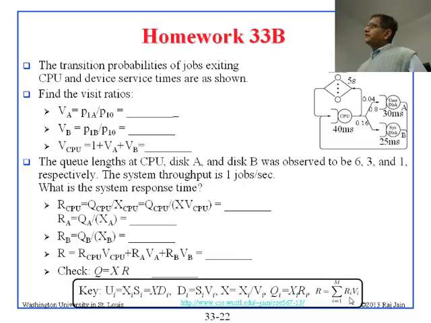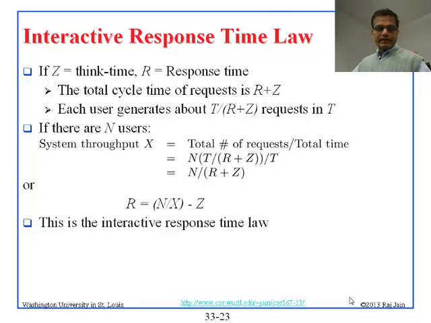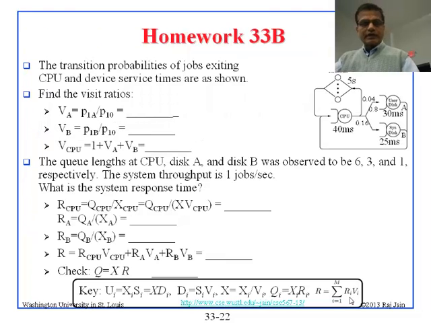You just have to find the visit ratios, and I've given you probabilities so that you can practice converting probabilities into visit ratios. Once you get the visit ratios, you calculate the response time, and then you can calculate the total queue length. The steps are already given. All you have to do is fill in the blanks.